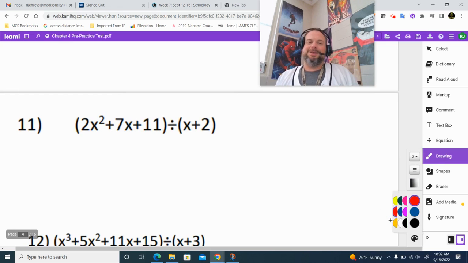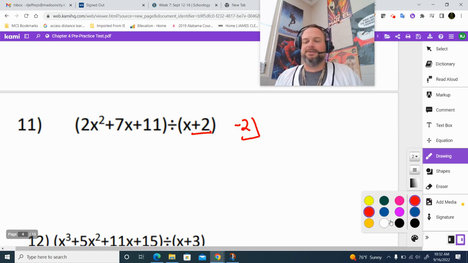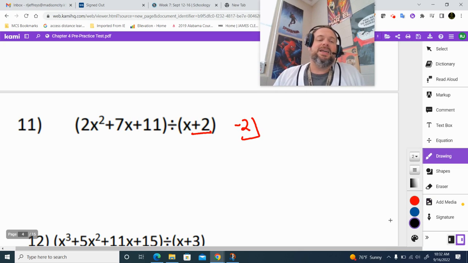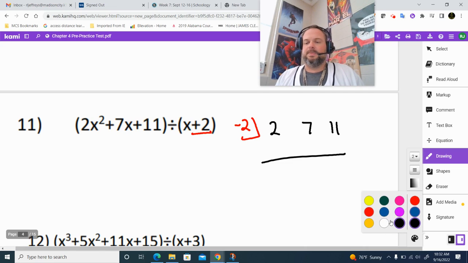So remember, synthetic division. We do the opposite of this. Put it in the timeout box. Okay. Our values go x squared, x, and constant. So we don't have to add a 0 or anything. Remember, we dropped the first one. All right.